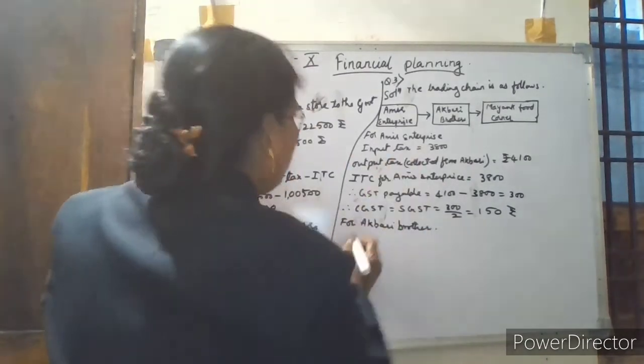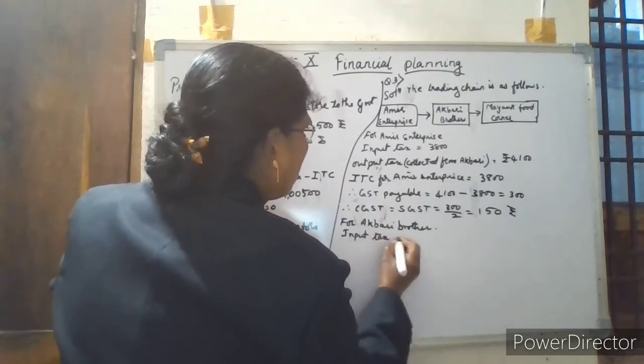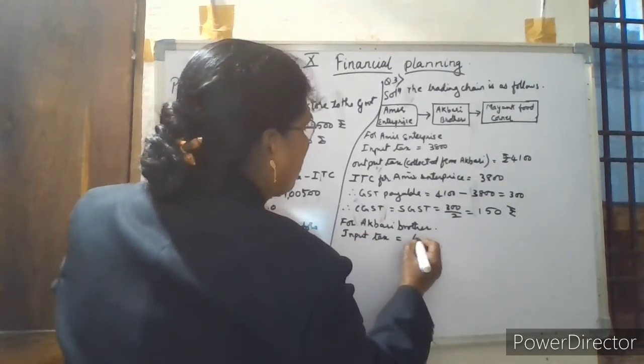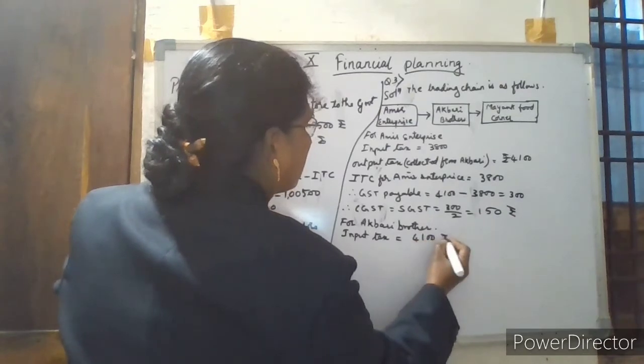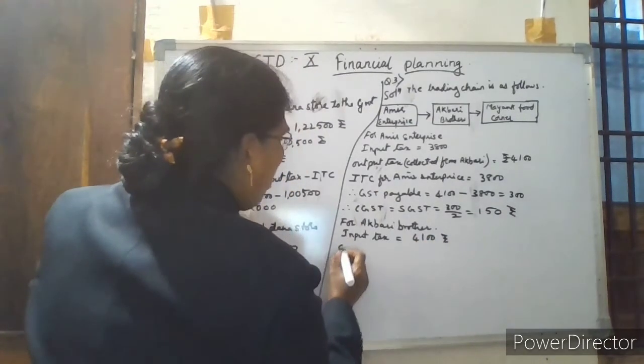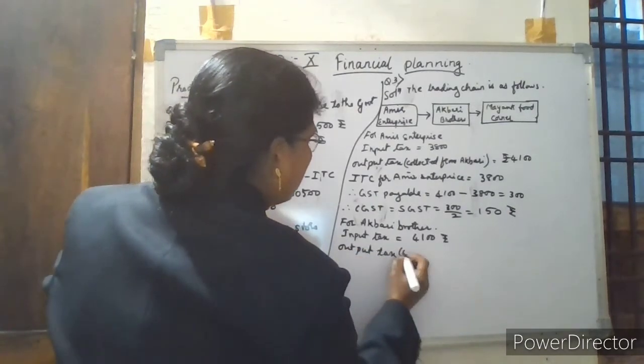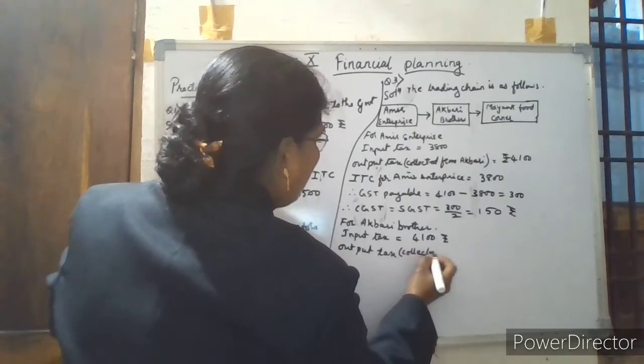In the same manner, for Akbari Brothers, their input tax will be equal to 4,100 rupees. Now, his output tax that is collected from whom?